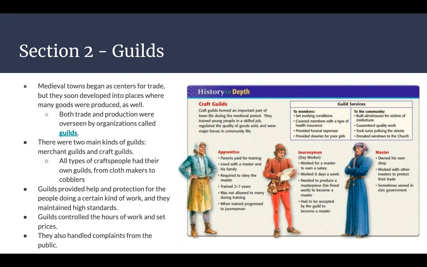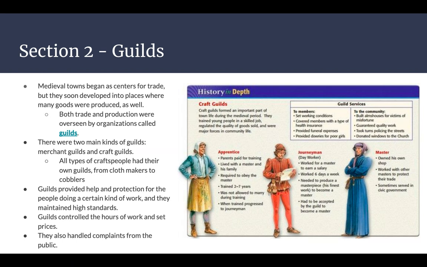A guild is an organization of people in the same craft or the same trade. They are specializing in specific jobs, specific skills, and it's an organization of people that all happen to do the same thing or have the same skill.